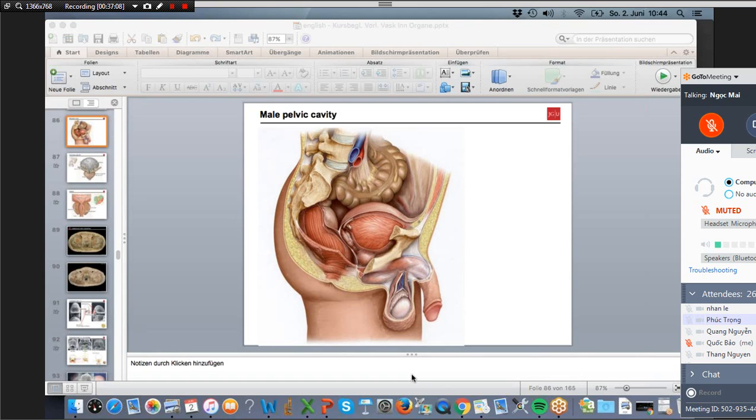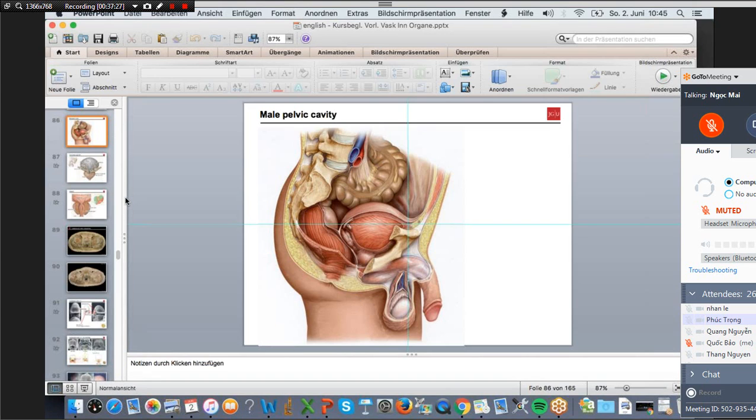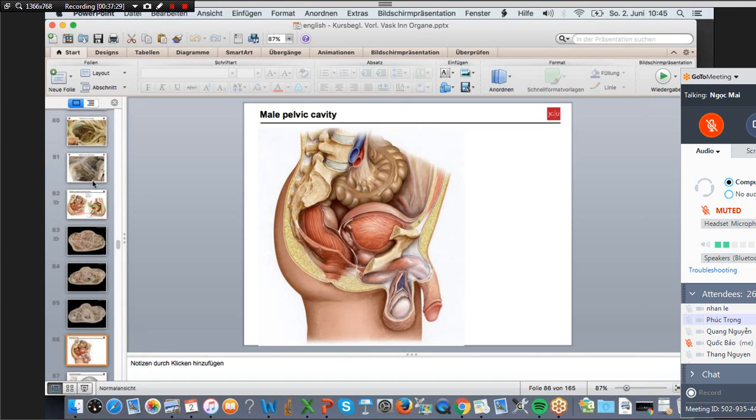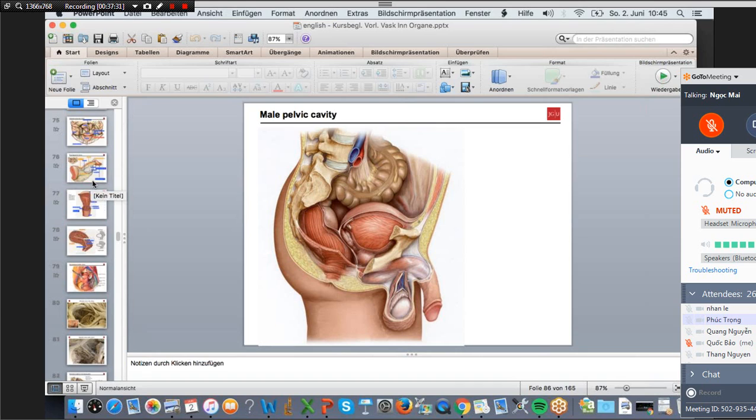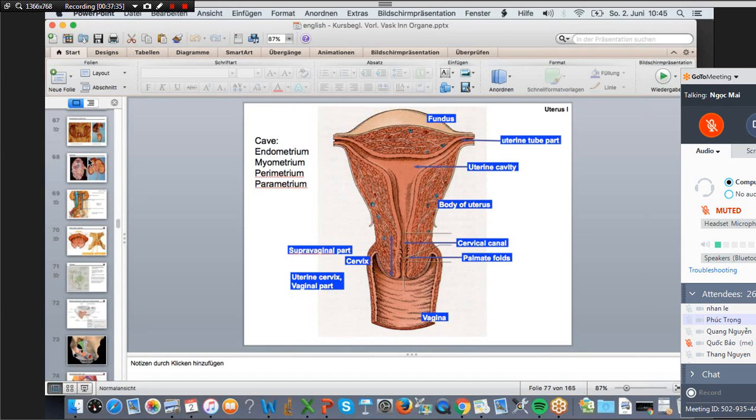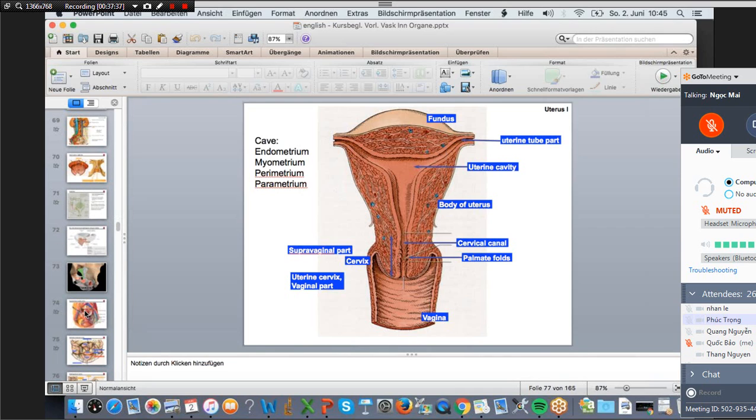I have a question about the volume of the bladder. It's on the slide of the full bladder and the empty bladder. When a woman is pregnant and the baby is growing, the baby will push on the bladder, so the bladder volume will decrease.